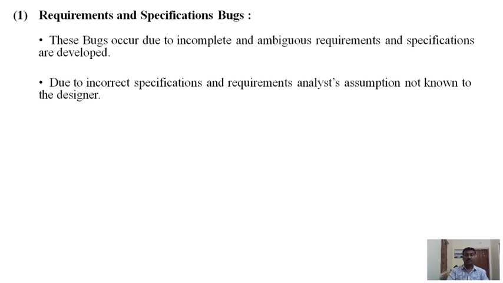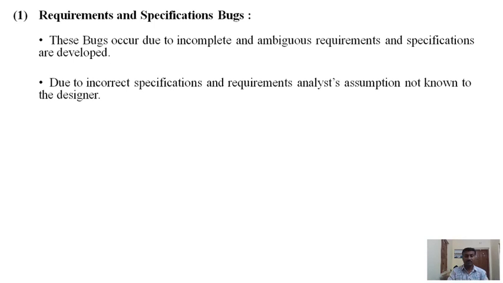Requirements and specification bugs also occur due to incorrect specifications and analyst assumptions not known to the designers. What the analyst is assuming, the analyst's idea, is not clearly known to the designer, here meaning the system designer. If the system designer does not design the system properly, then the code may not be implemented in a proper way.